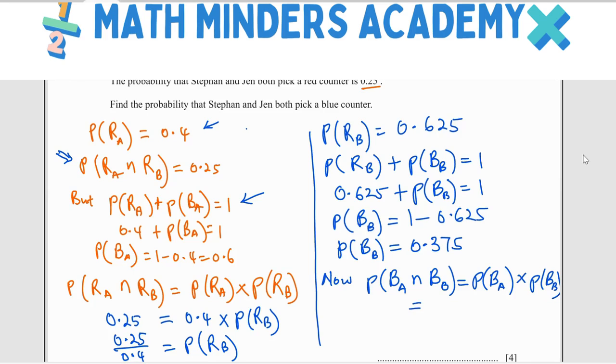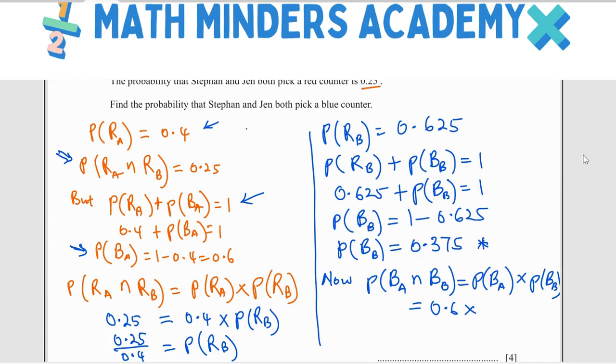So the probability of picking blue from bag A is already given as 0.6. Look at it here. Blue from bag A is 0.6 times the probability of picking blue from bag B. Look at it here.